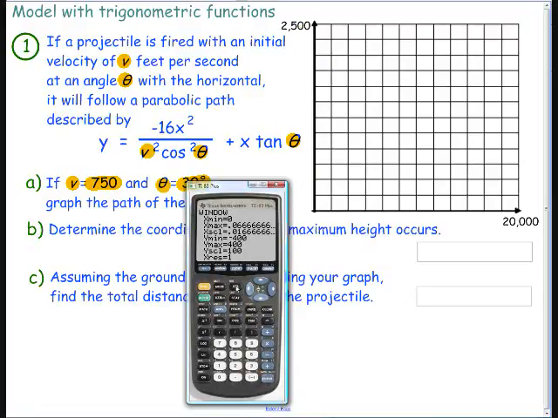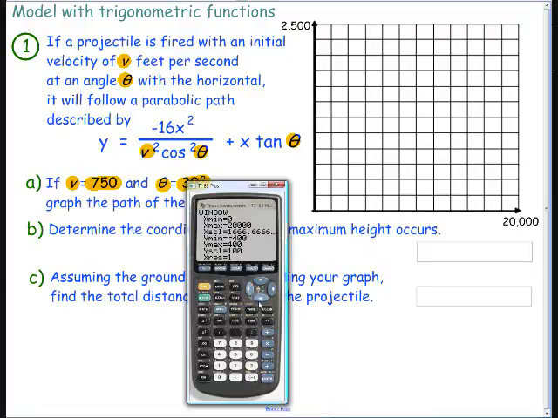I've got x min of 0, x max of 20,000. For x scale, there's 12, I already counted them, so that would be 20,000 divided by 12 is my x scale.